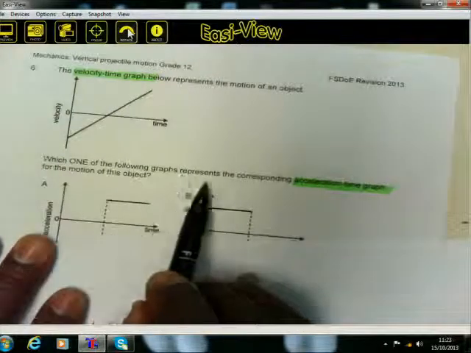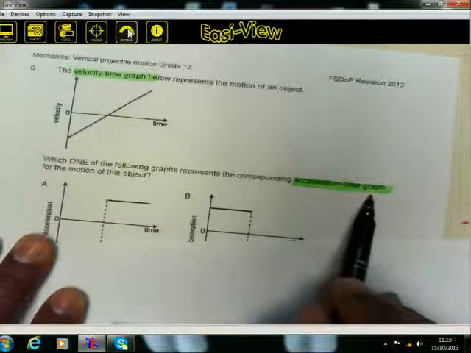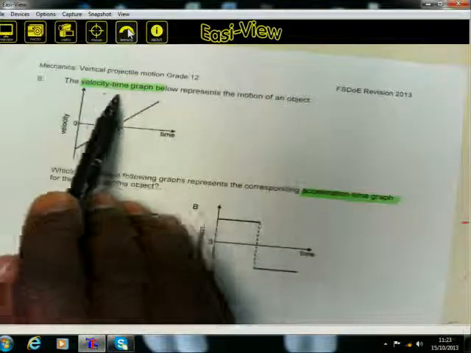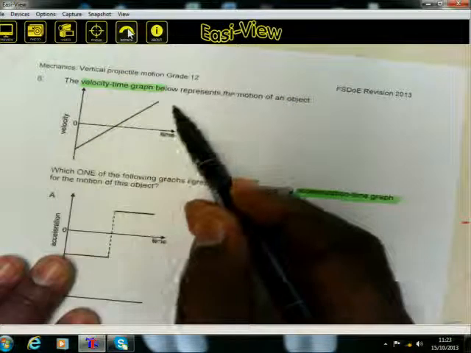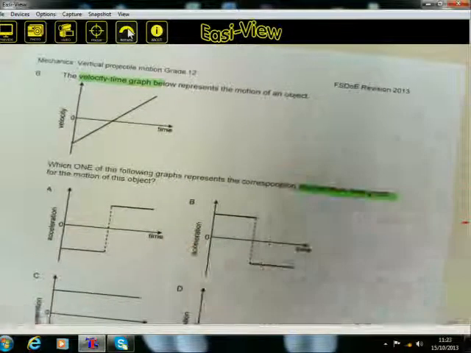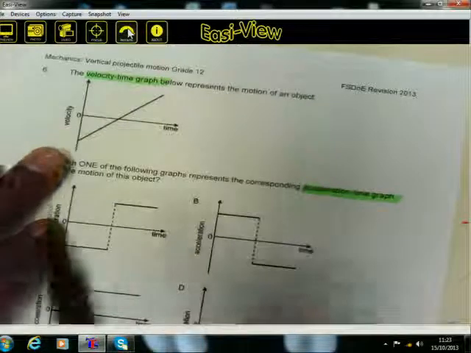Which one of the following graphs represents the corresponding acceleration time graph for the motion of the object? The graph is a velocity time graph, so it is a straight line, representing the motion of an object. Now, can we try to understand what is happening here?